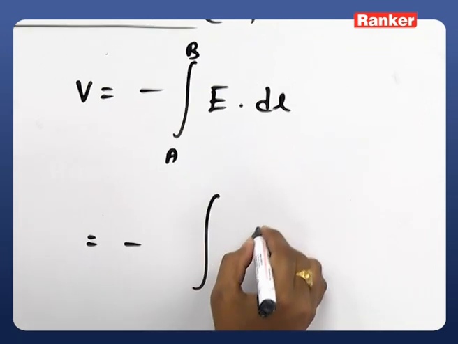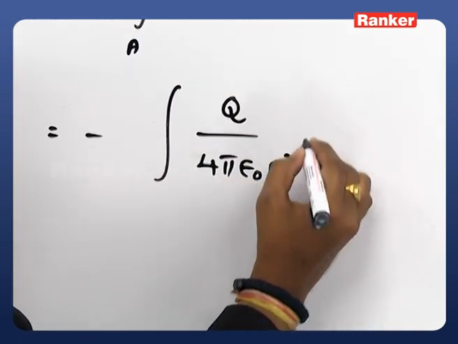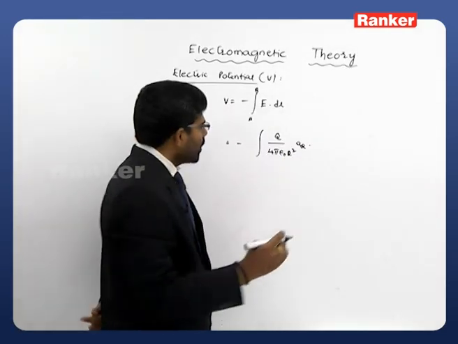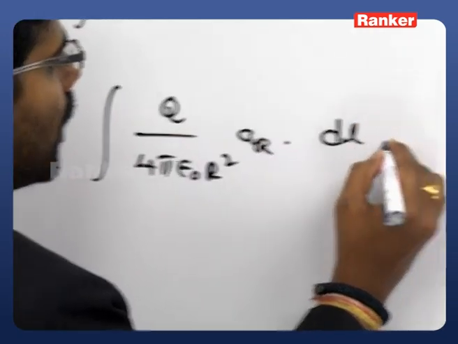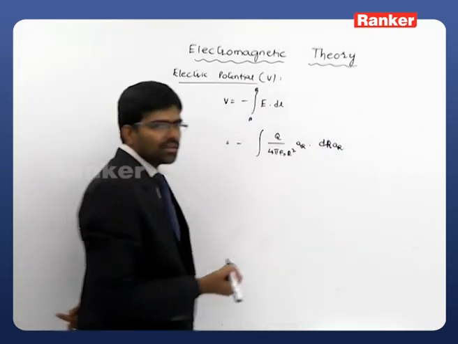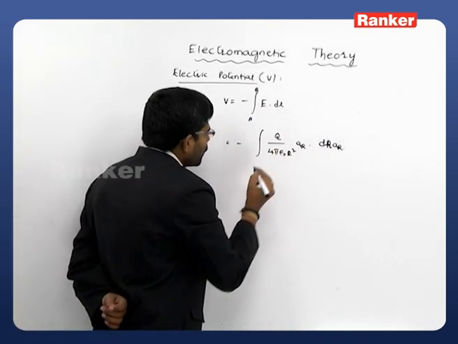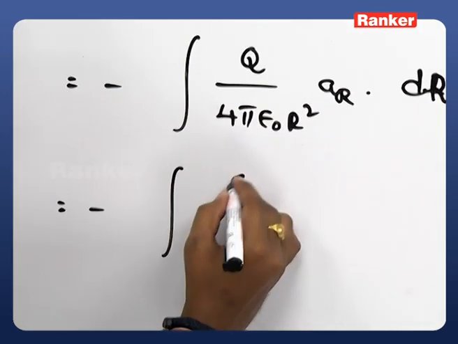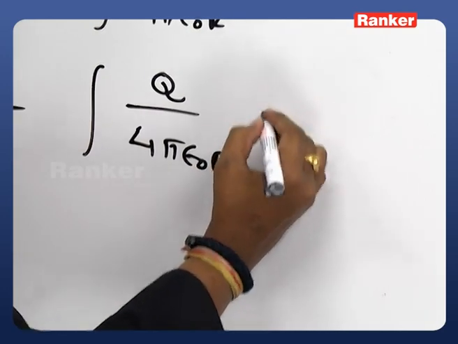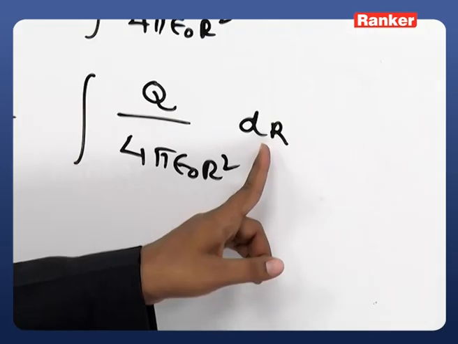So minus integral Q by 4 pi epsilon naught R square aR, and let us assume the line is also in the direction of R, that is dl is dr aR. If you take the dot product between them, we get 1. So minus integral Q by 4 pi epsilon naught R square multiplied with dr, we just get dr.